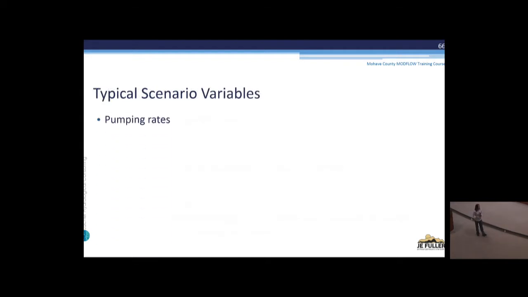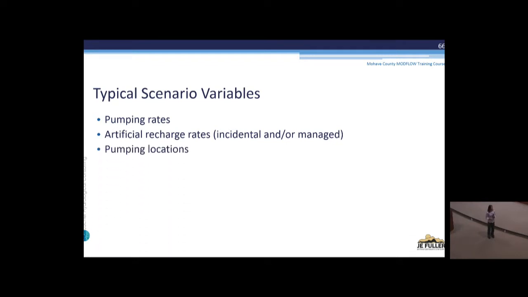Typical scenario variables: pumping rates, artificial recharge rates, incidental and or managed. I mean, if you fix the leaks in your transmission losses, then you can take away some of that incidental recharge. So you have to consider that. Pumping locations.